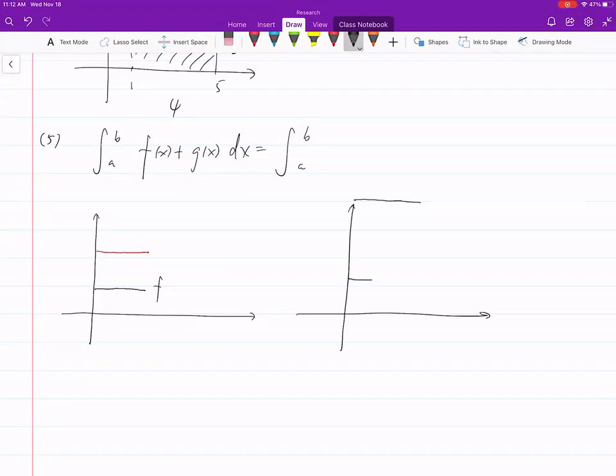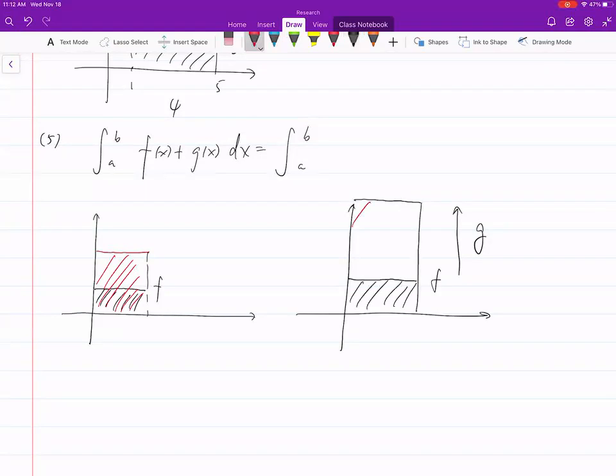It will be first F, and then going from here to here, G. Good so far? Then the area under this curve is just going to be the blue area, the black area, plus the red area. Does it make sense here?